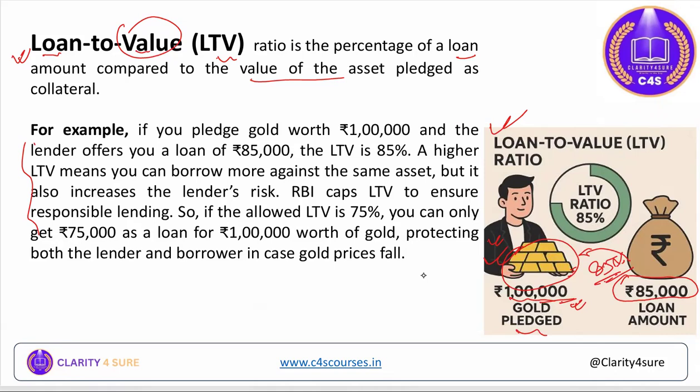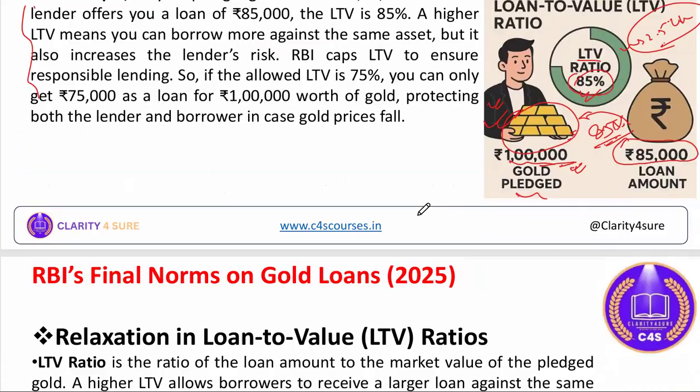So the loan to value ratio is 85%, and this applies up to 2.5 lakh. This means if a person is willing to get a loan up to 2.5 lakhs, then he or she falls under this category of loan to value ratio of 85%. We will see the categorization and all.